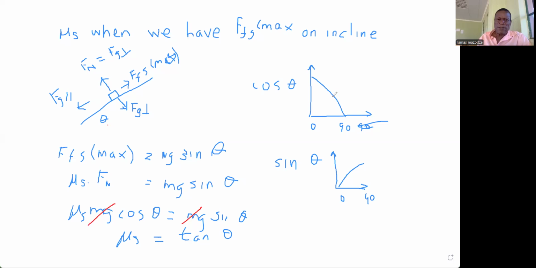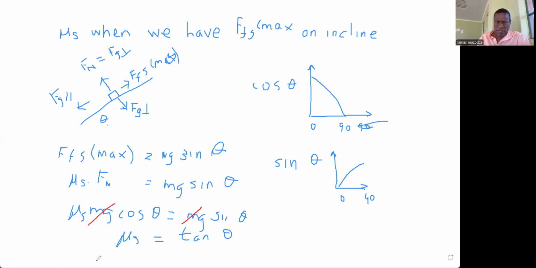Good. I think that is it. But obviously at maximum static friction, we have talked about it. This is how you can derive the value of the coefficient of static friction.